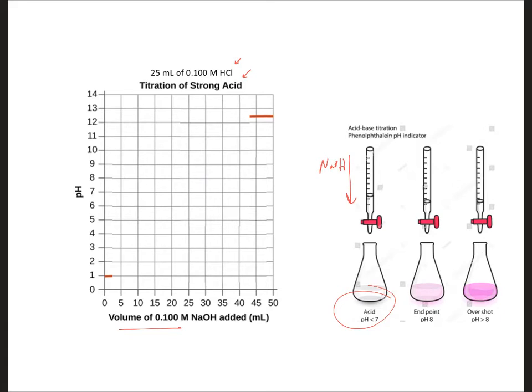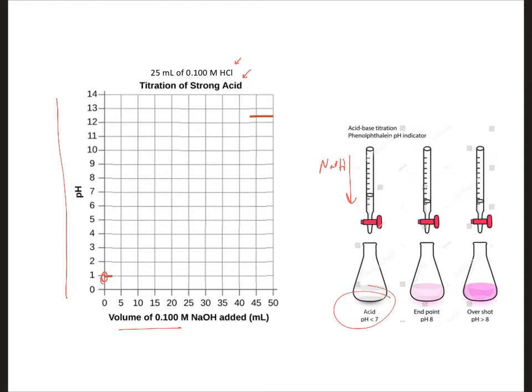So at that point, what is the pH of our acid? Well, the pH is over here on our y-axis, and if we've added 0 amount of our sodium hydroxide on that x-axis, that means we're down here at the 0 point. And then what is the pH? Well, it's just going to be the pH of that acid. That is going to depend on the strength of that acid, and hydrochloric acid is a really strong acid, so we end up with a pH that's really low.